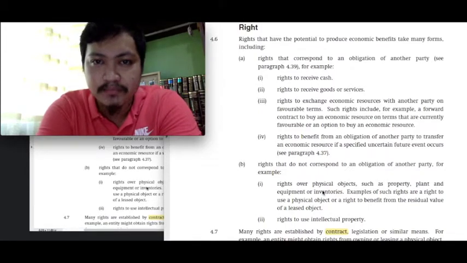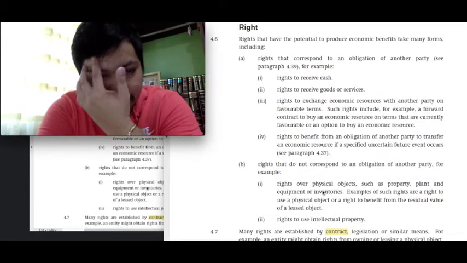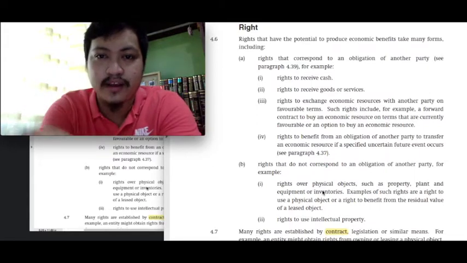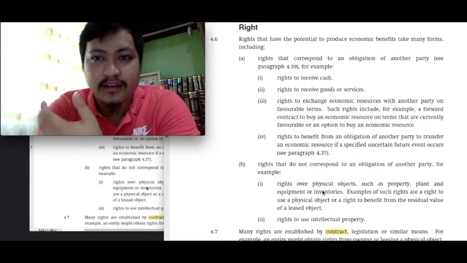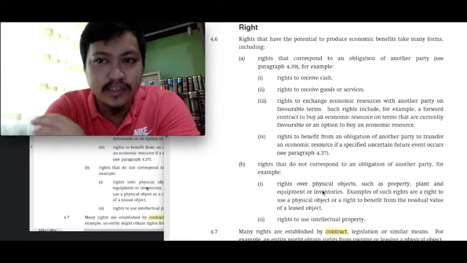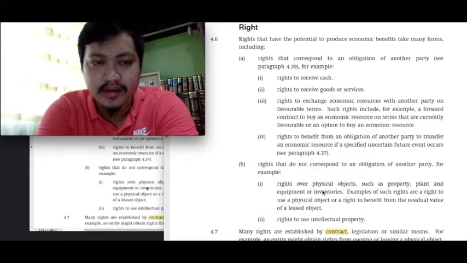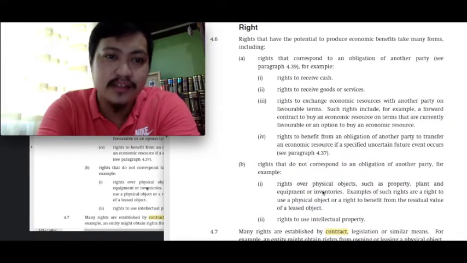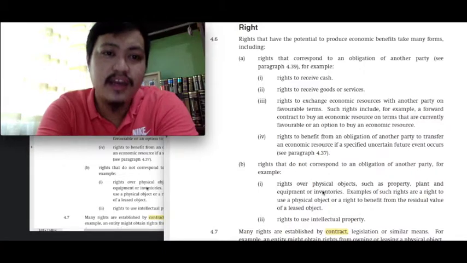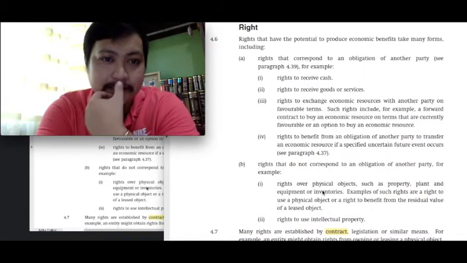So basically, the framework tells us that there are two major groups of rights: rights that impose an obligation on another party, and the second, rights over property, class. If you ask anyone, a common thinking of what an asset is would definitely be any property or rights.